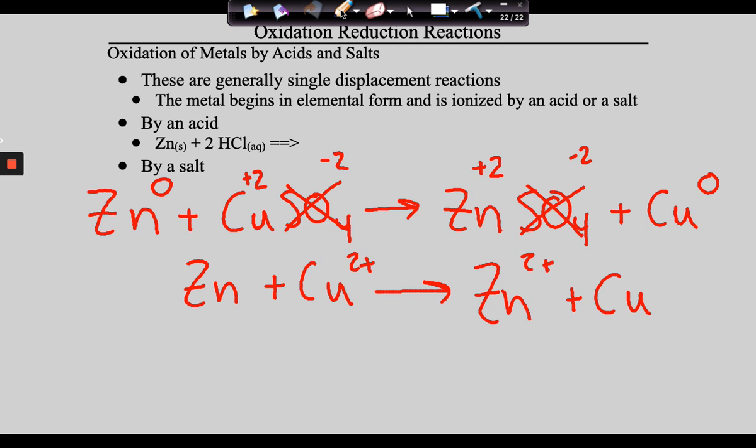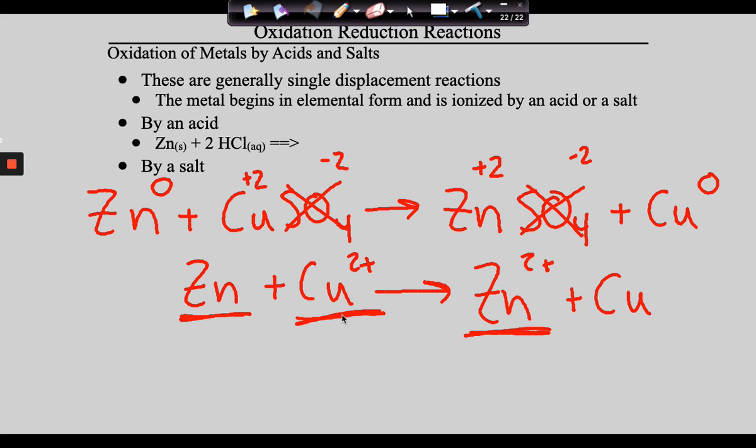So guys, let's do this. Without using names, what is happening to this? Is it gaining or losing electrons? This is losing electrons. That is oxidation. So zinc is being oxidized.